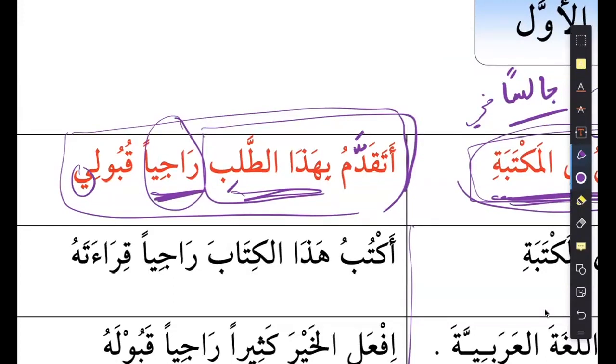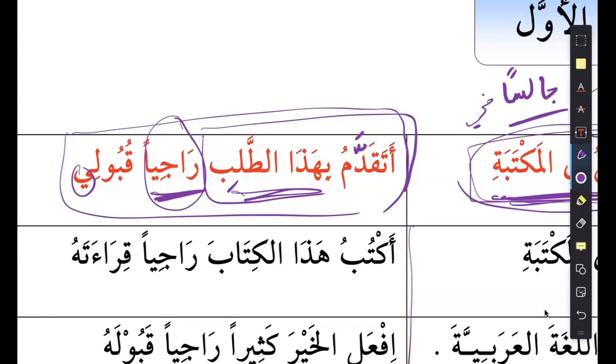One of them we know is maf'ul bihi. Another one is maf'ul li ajlihi. The translation is the reason why that action is being done. So if you want to describe the reason why you are doing that action in one word, that word needs to be in mansub, in the fatha.